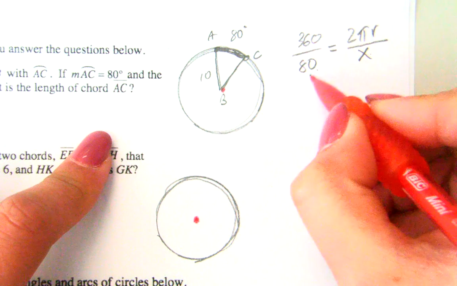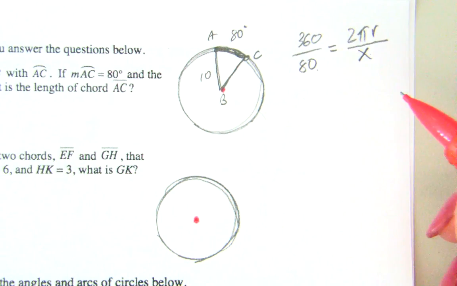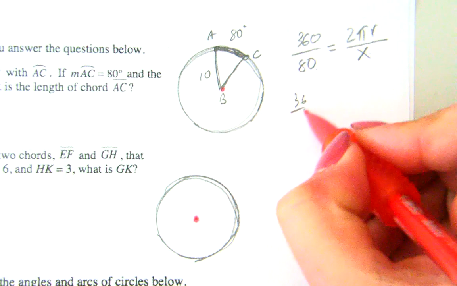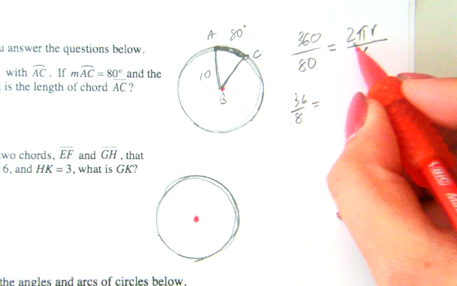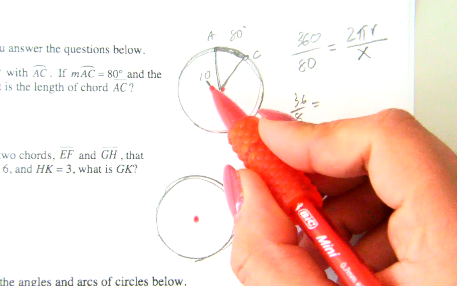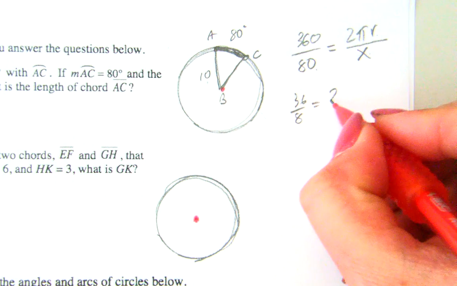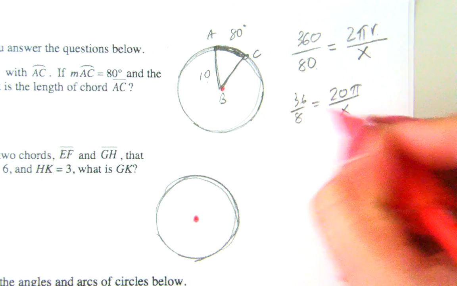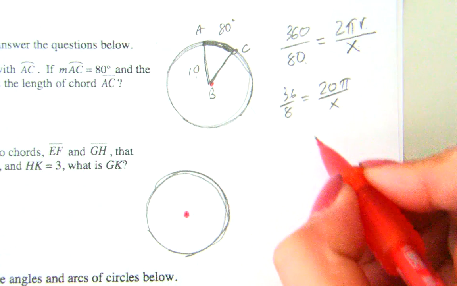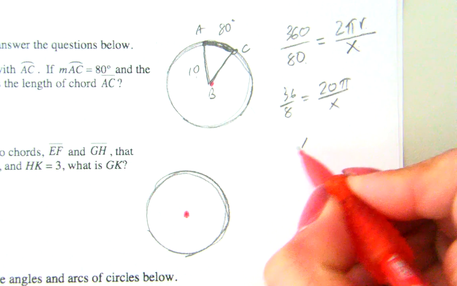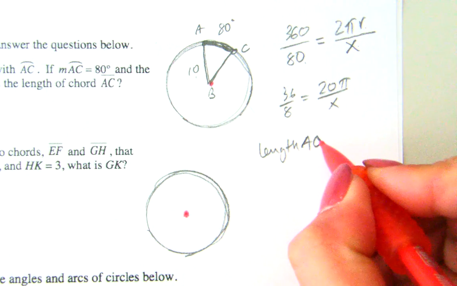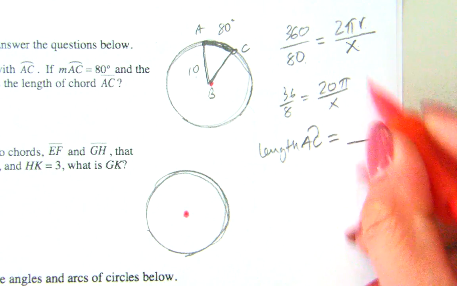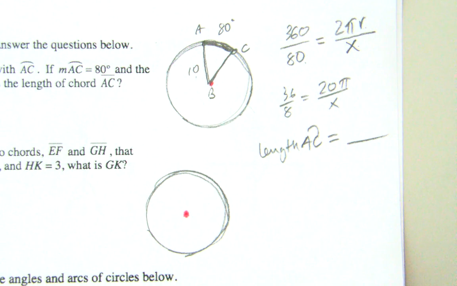So we know 360 over 80, so 36 over 8, I'm just going to simplify the zeros out, equals 2 times pi times r. Radius is 10, so 2 times 10 is going to be 20. So we have 20 pi by x, and then cross multiply, and you found your value of the crust. So the length of AC is going to be equal to whatever you find for x. So that was what they did. Or you could just do it the other way that you know.